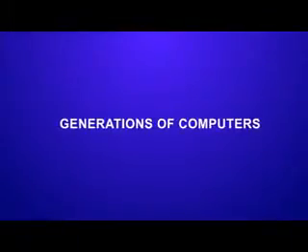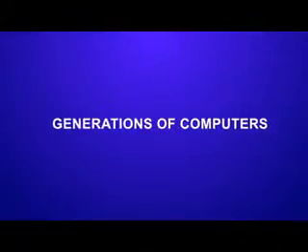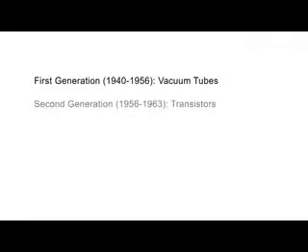We have 5 generations of computers, which are: first generation, 1940 to 1956. This used vacuum tubes. Second generation, 1956 to 1963. They used transistors.